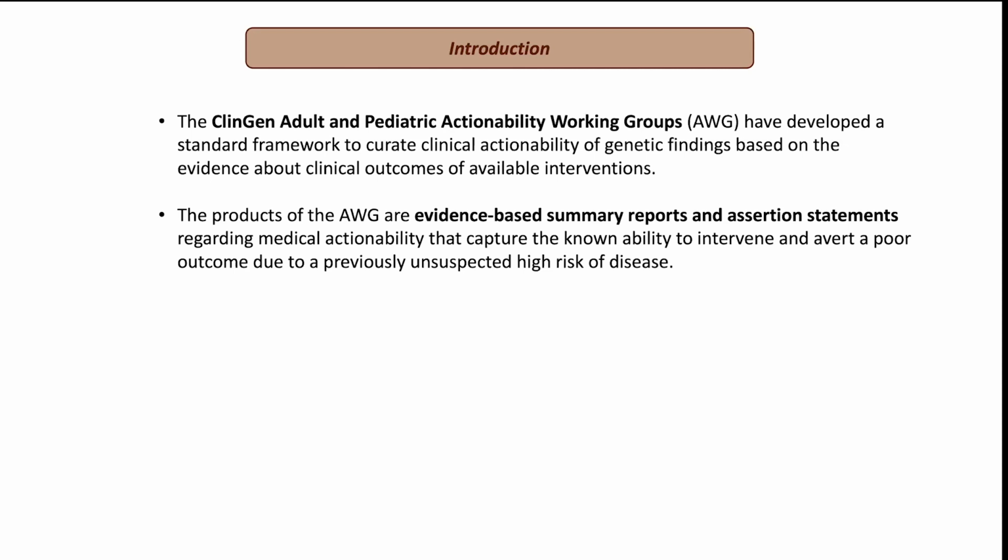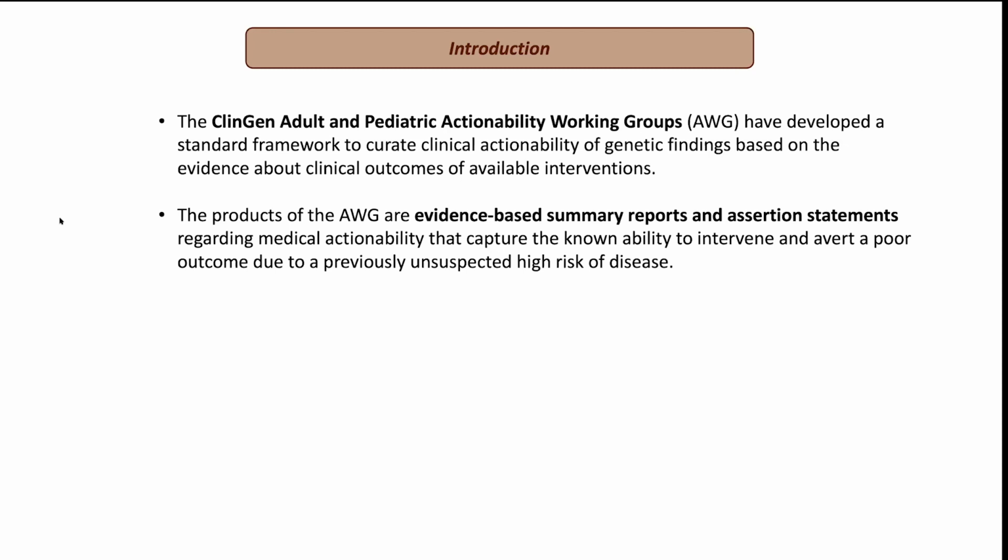The products of the actionability working group are evidence-based summary reports and assertion statements regarding medical actionability that capture the known ability to intervene and avert a poor outcome due to a previously unsuspected high risk of disease. I will not be showing any of the actionability curation interface, just the knowledge repository and how users can navigate through that, aligning with the theme of the topic today.